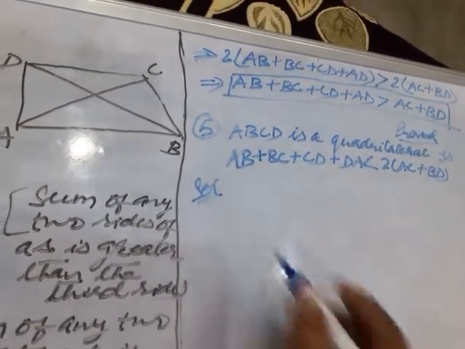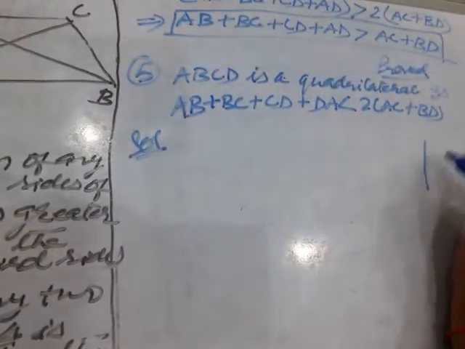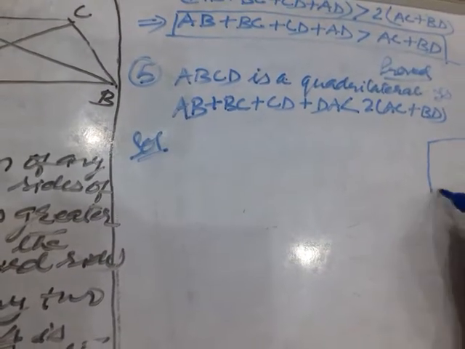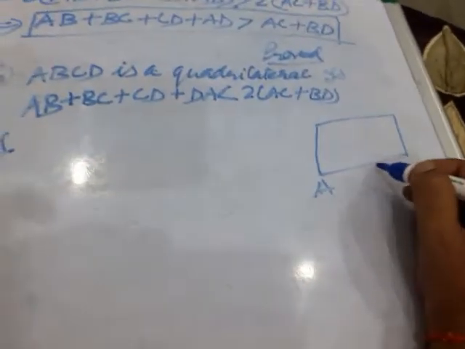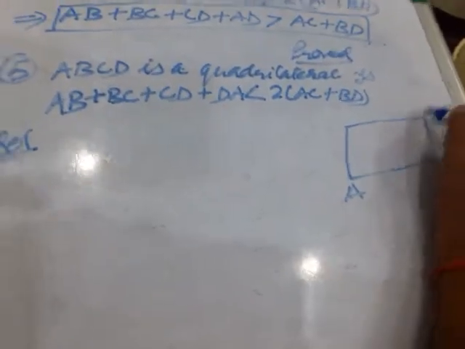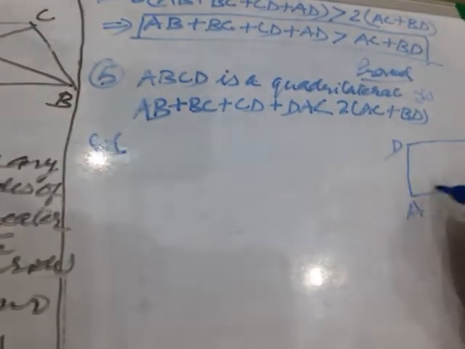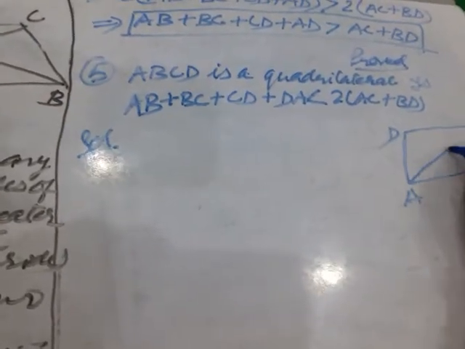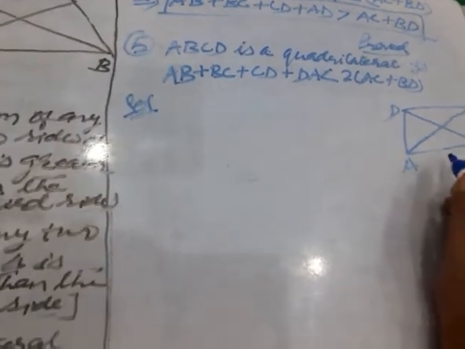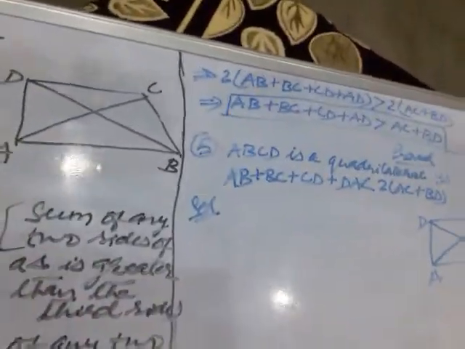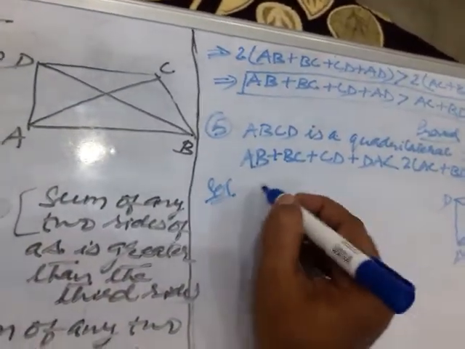Draw the figure first. Here a quadrilateral ABCD is there, and its two diagonals AC and BD intersect each other at O. Okay, children. Now let us move here.